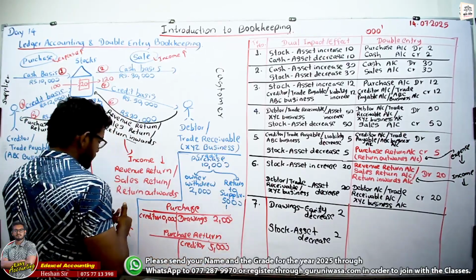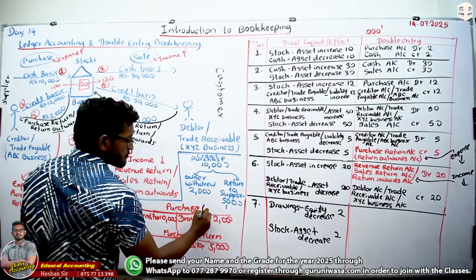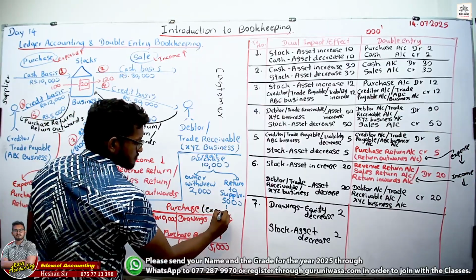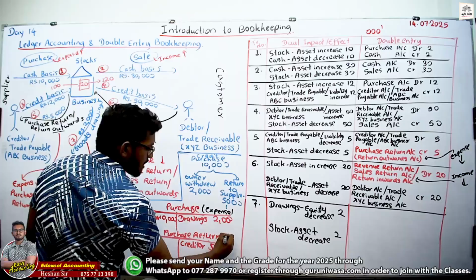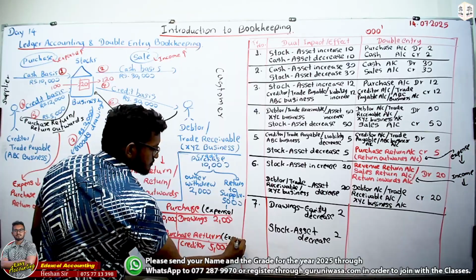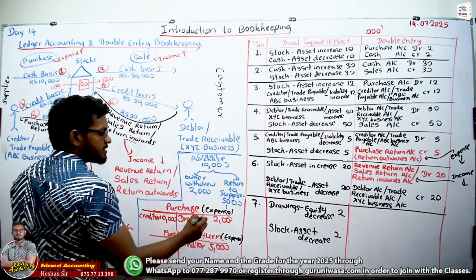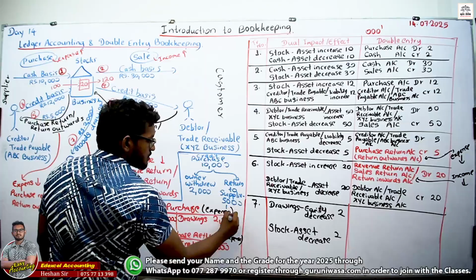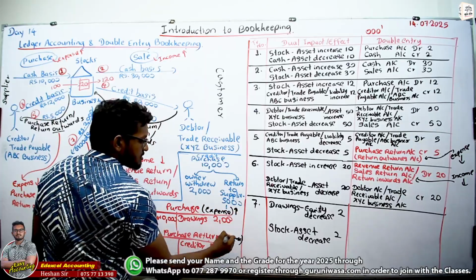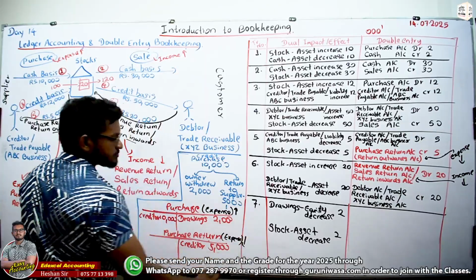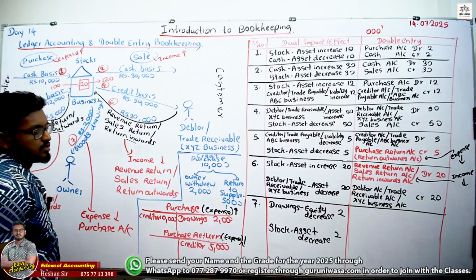This is an expense account. This is also an expense account, but this is expense increase account. This is expense decrease account. Just remember like that.